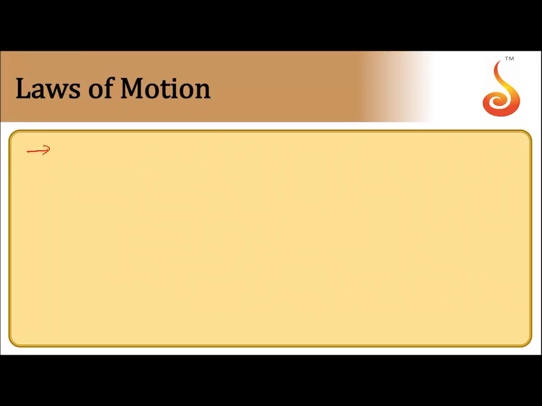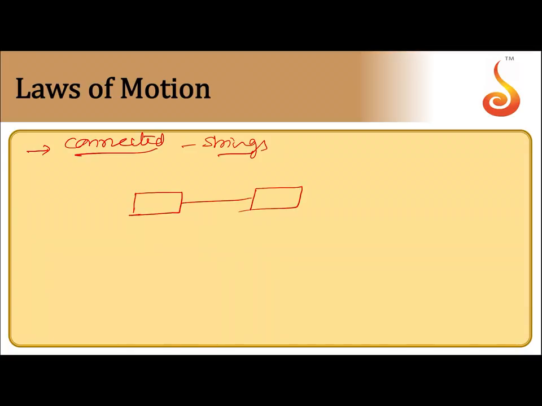Let us consider connected bodies again, this time with strings, not in contact but with strings. For example, I am considering this case of two blocks connected by a string.